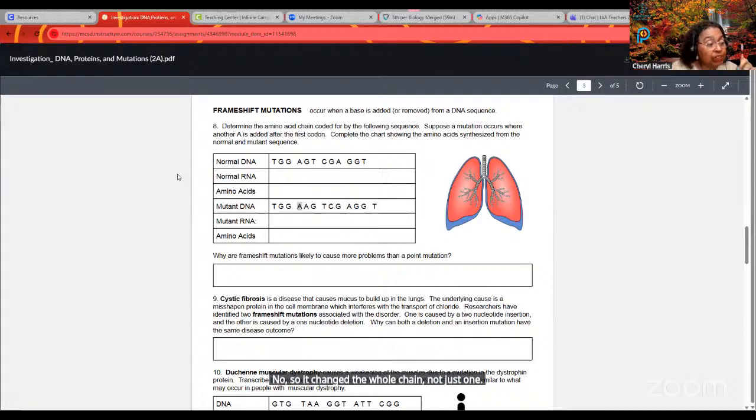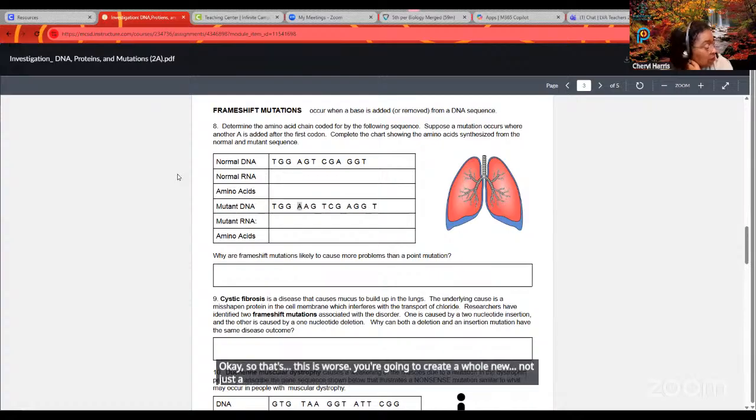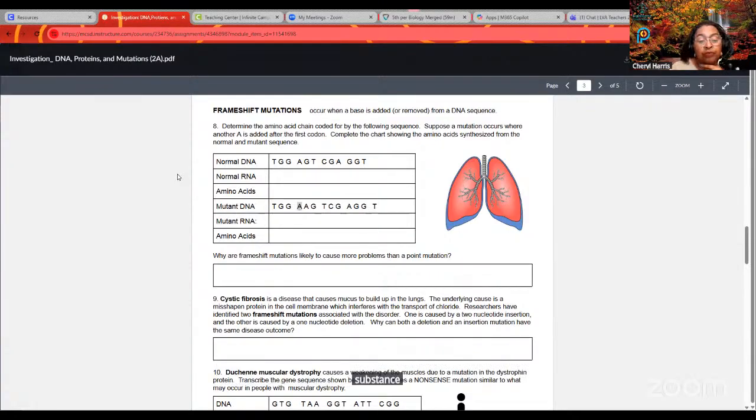A point mutation changes one amino acid. This insertion changed all of them. From the point of the insertion, all the other triplets are going to be different as well. So this is worse. You're creating not just a defective substance, you're creating a whole different protein altogether.